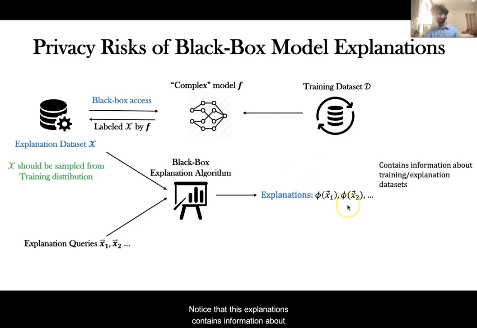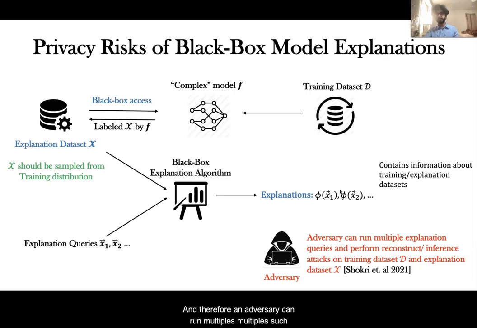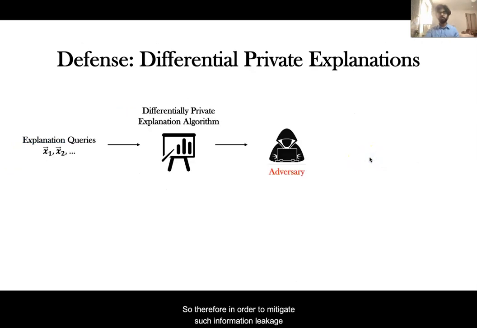Notice that these explanations contain information about the training and explanation datasets, and therefore an adversary can run multiple such explanation queries and perform reconstruction or inference attacks to recover sensitive information about the training or explanation dataset, which has been shown in past work. So in order to mitigate such information leakage, in this work we propose differentially private model explanations.